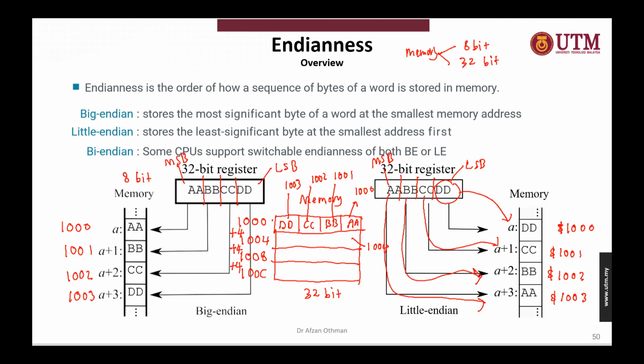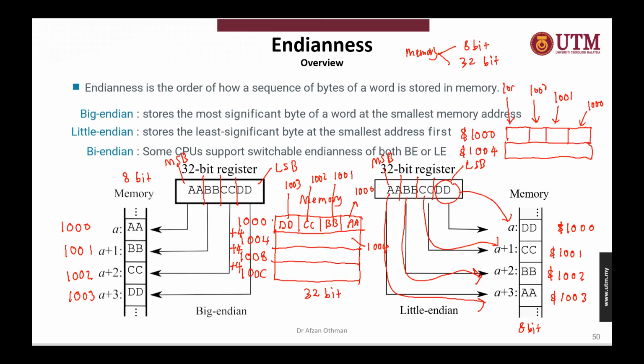What about if you use a 32-bit configuration? This one is the 8-bit configuration. What if you have a 32-bit configuration? Same thing. You have 1000, this is 1004. What you need to do here is divide it into 4 bytes. So this is address 1000, 1001, address 1002, and this is address 1003.